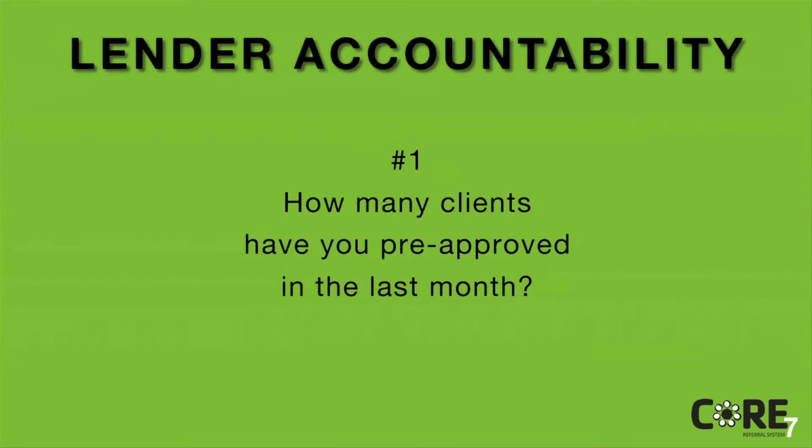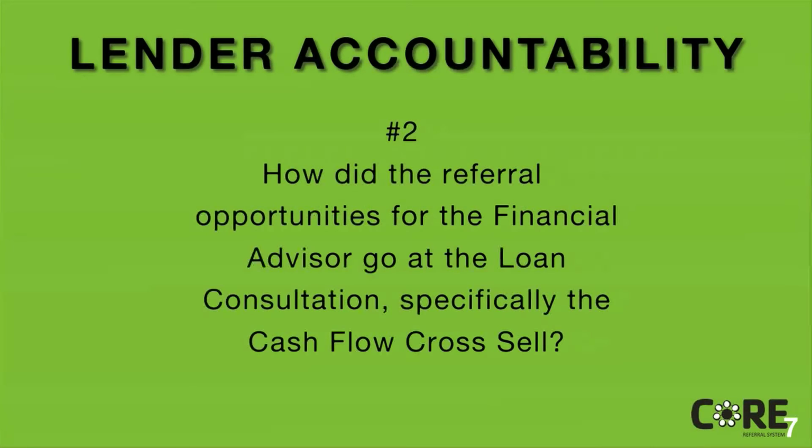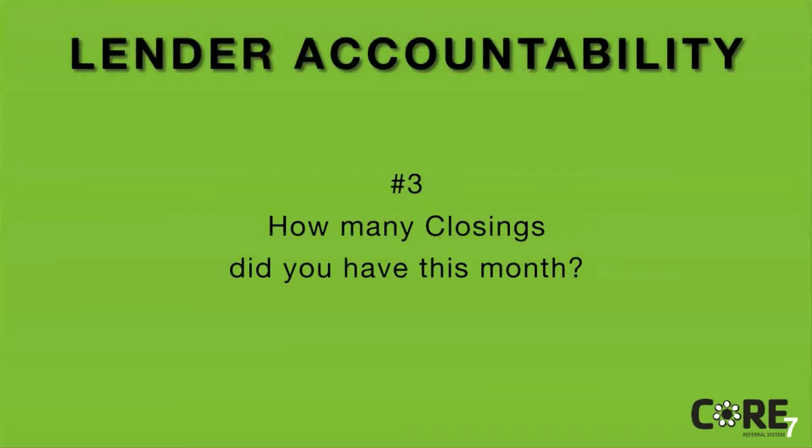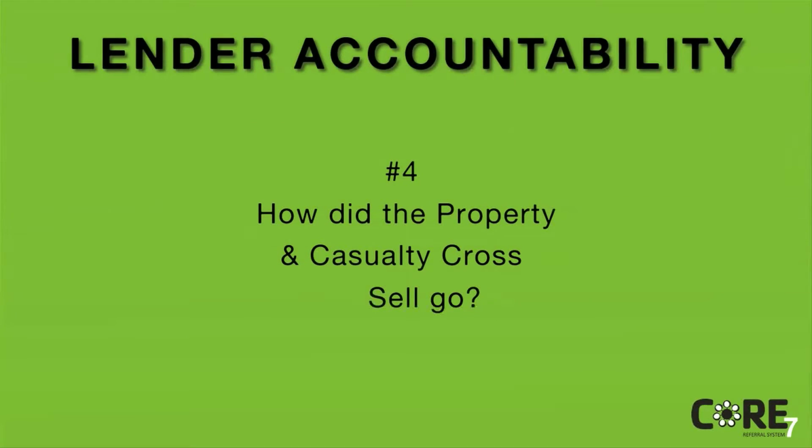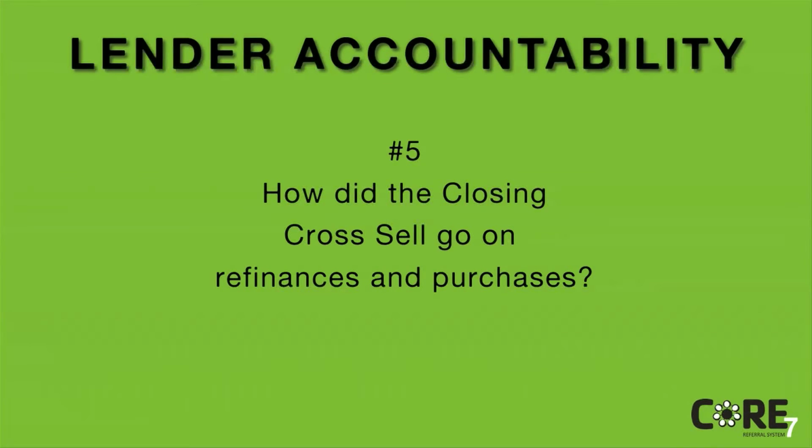Question number 1, how many clients have you pre-approved in the last month? Question number 2, how did the referral opportunities for the financial advisor go at the loan consultation, specifically the cash flow cross-sell? Question number 3, how many closings did you have this month? Question number 4, how did the property and casualty cross-sell go? Question number 5, how did the closing cross-sell go on refinances and purchases?